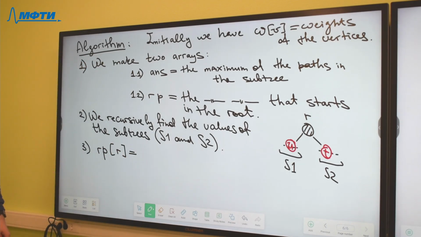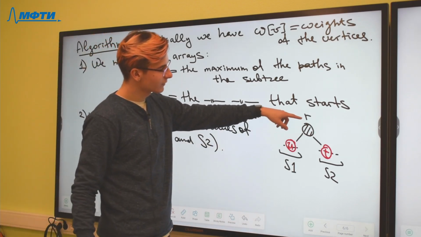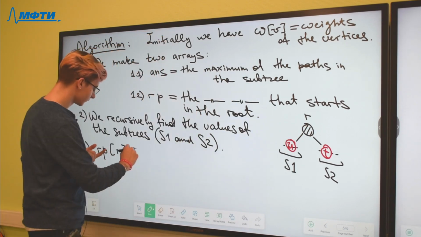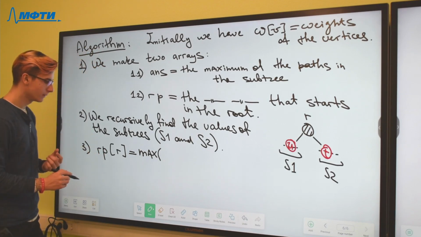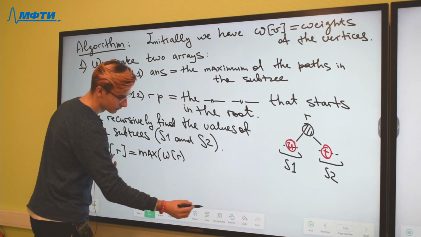What is the maximum path that starts in the root? For example, it can be a path from one vertex, R. So it's the maximum of only the weight of R.